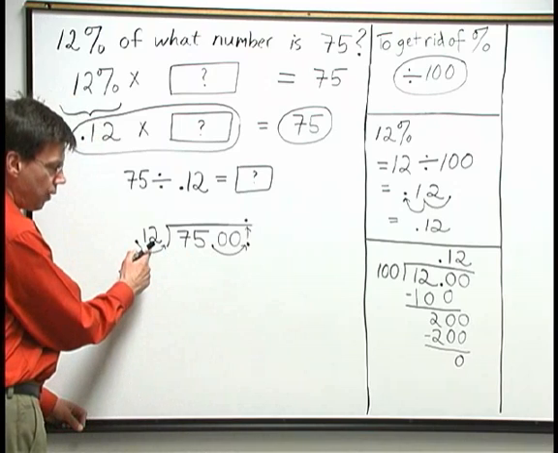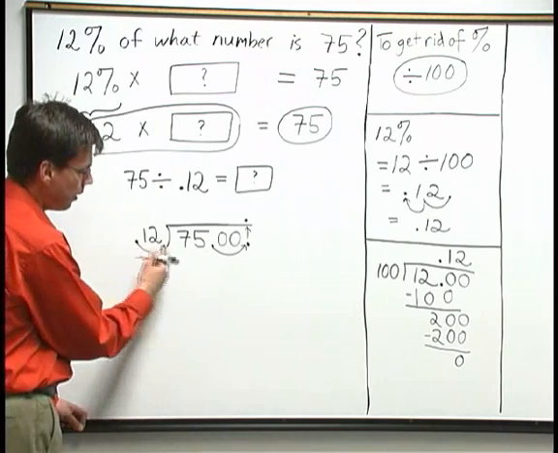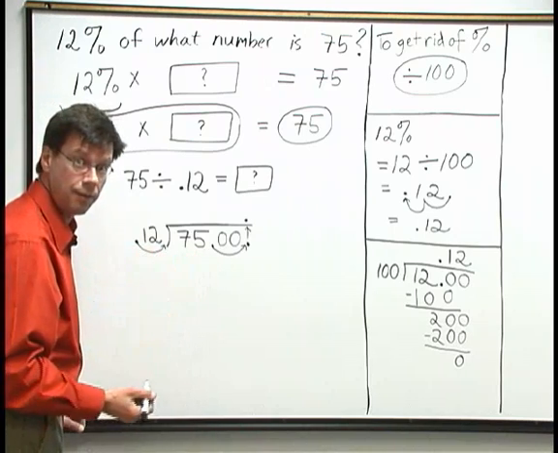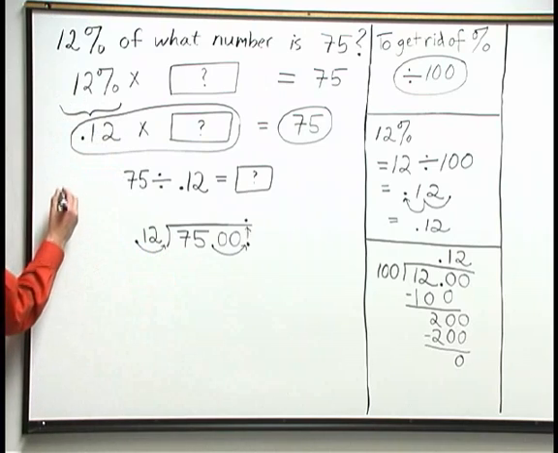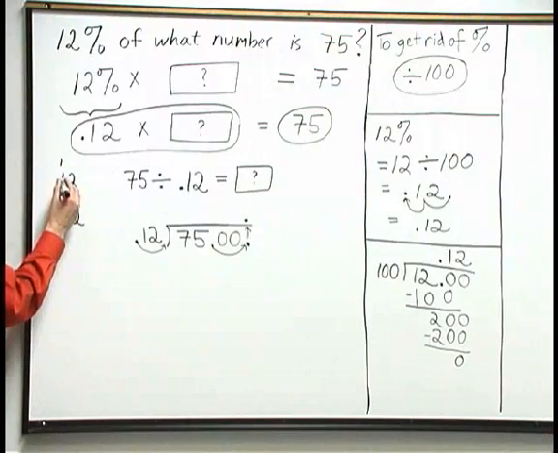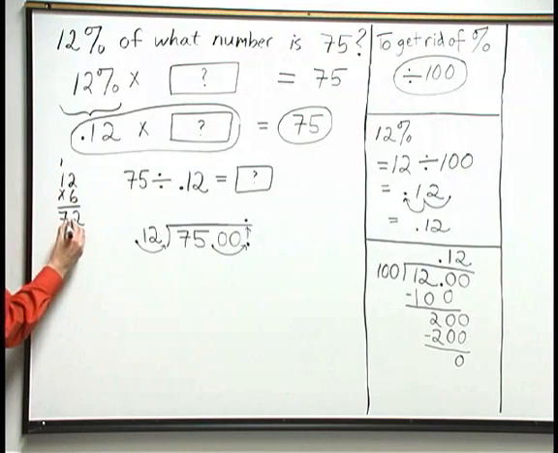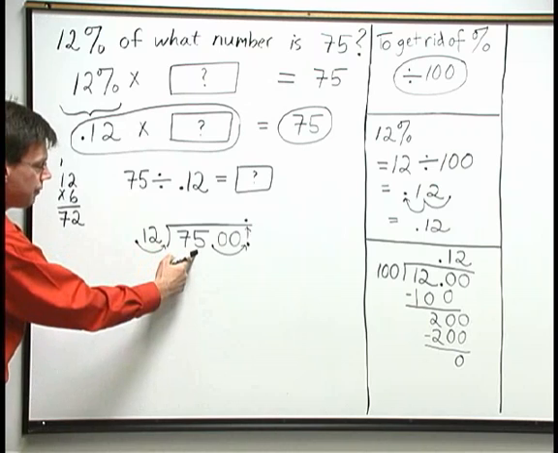I'm thinking of 12 into 7 first, doesn't go in. 12 into 75, well, let's think about that a bit. Let's try some possibilities. What about 12 times 6? 6 times 2 is 12, carry the 1. 6 times 1 is 6 plus 1 is 7. 72 is very close to 75.